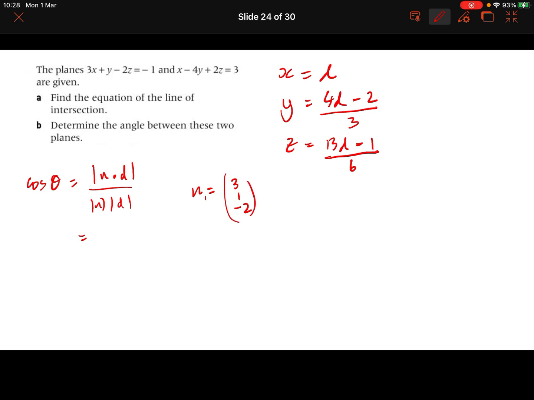So that should be n2 and n1, because we've got two planes, not a plane and a line. n2 is equal to (1, minus 4, 2). You can go ahead and find the angle between those two planes. I'm not going to do that because we just did it before.